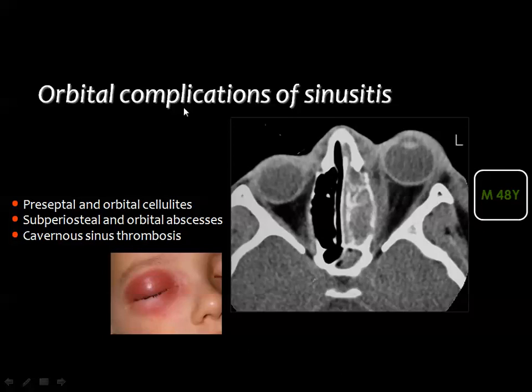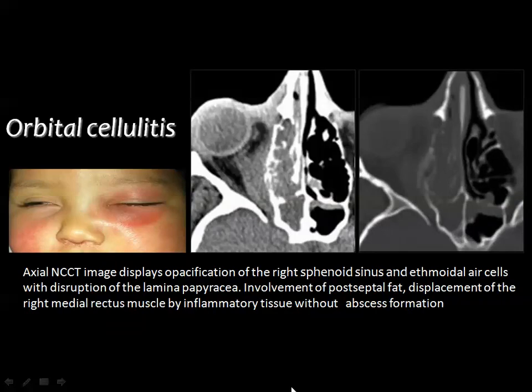The orbital complications of sinusitis may include this orbital cellulitis, the development of subperiosteal and orbital abscesses, and what's very important is the access to the cavernous sinus leading to its thrombosis, and this is a known complication of sinusitis, in the sphenoid sinus especially.